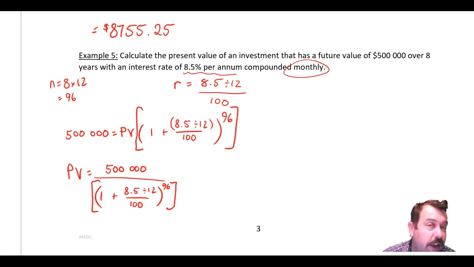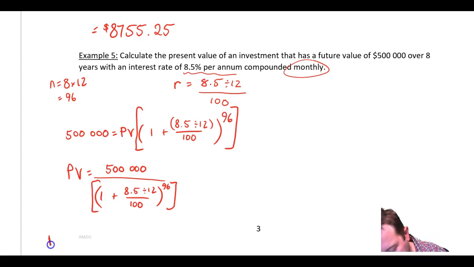So even if you carry a lot of decimal places, you're still likely to introduce a pretty significant error. So as much as possible, try to do all of the calculations at the end, or at least keep everything on the screen or saved in the memory of your calculator, not rounding it off and writing it down.